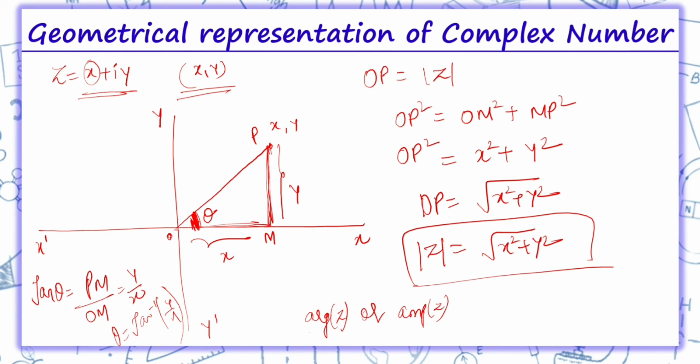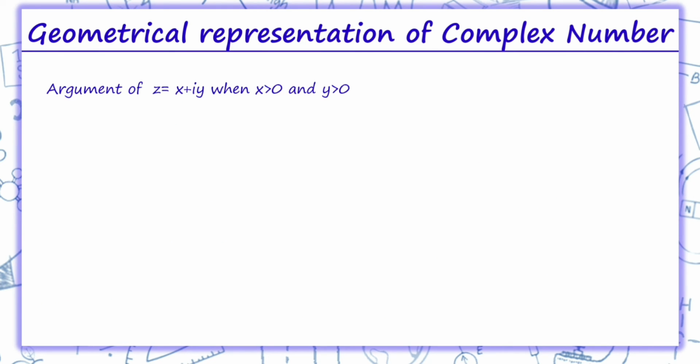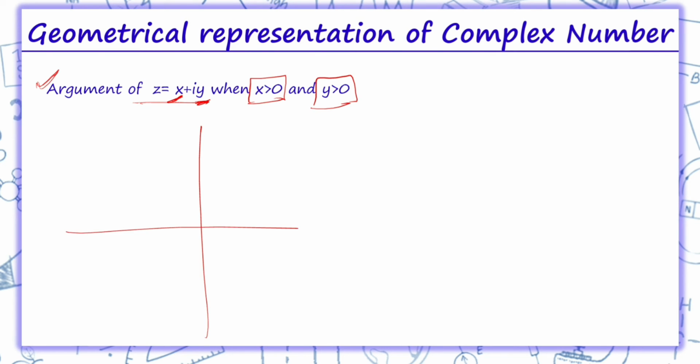Now this angle theta has many values differing by the multiples of 2 pi. So on the basis of the different signs of the real and imaginary parts of the complex numbers, there will be different types of argument. So argument we have to calculate of z is equals to x plus iy, where x and y both are positive. That means x and y both are lying in the first quadrant.